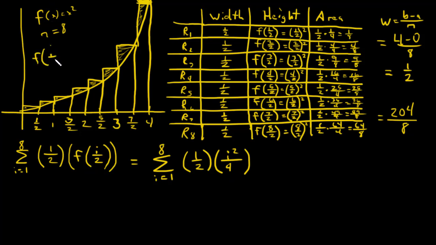F of I over 2 is going to be I squared over 4, right? If I just square it, it's this thing squared.